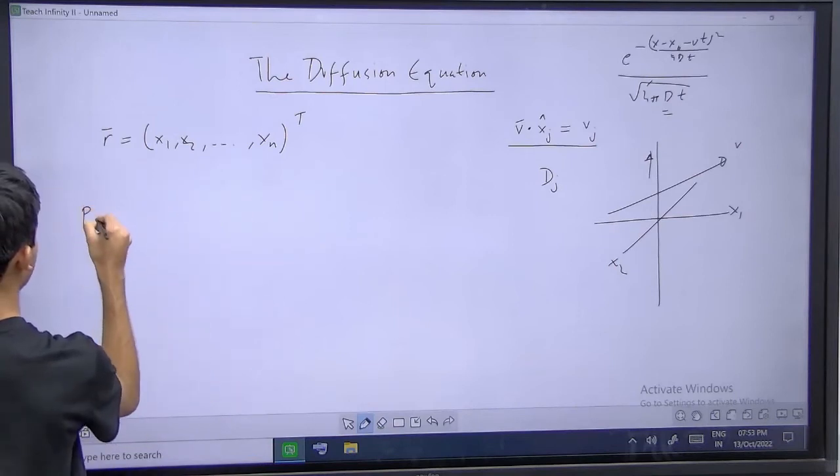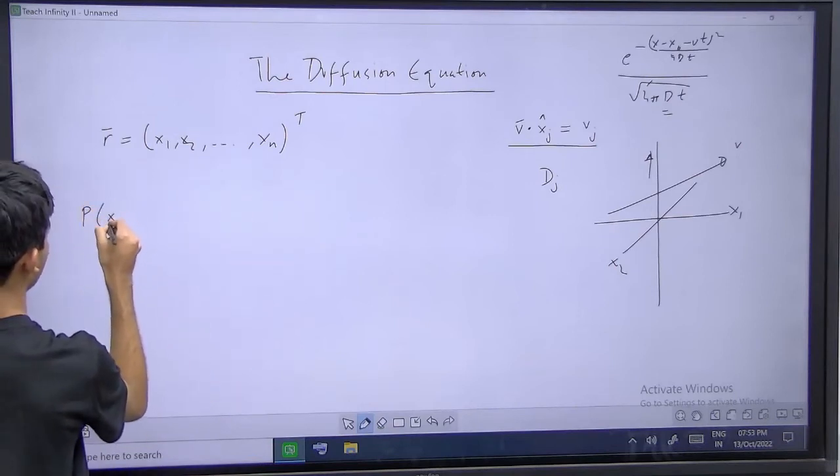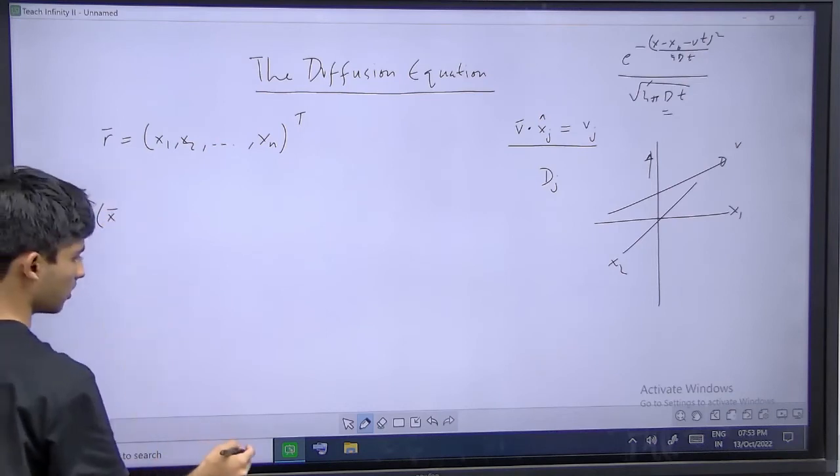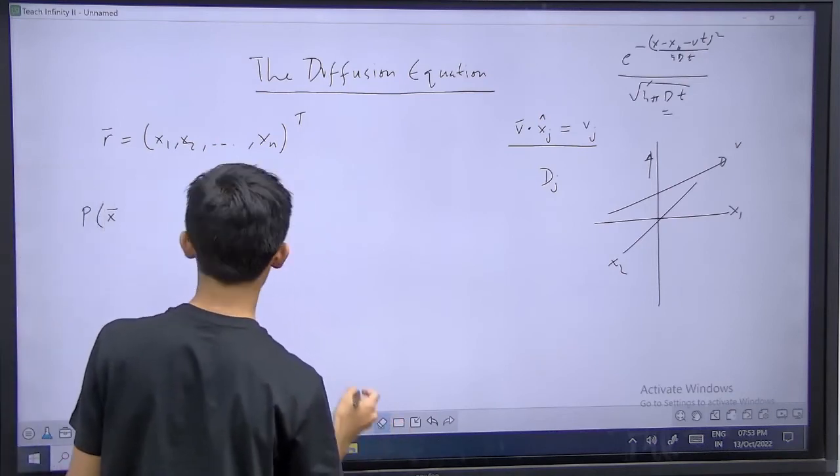and then we can go ahead and just write p of this vector x. I have written it as r, but I could write it as x.